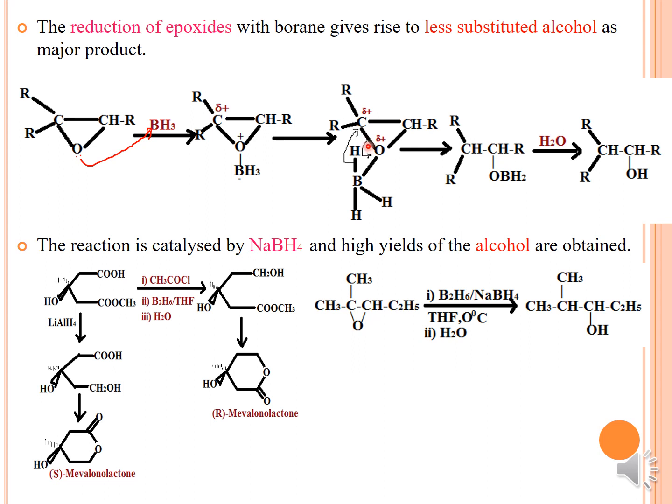So this bond will shift and you will get back this structure, R2CH, OCH, CHR, and then OBH2. Okay, and after the formation of this, upon hydrolysis, the alcohol is formed.